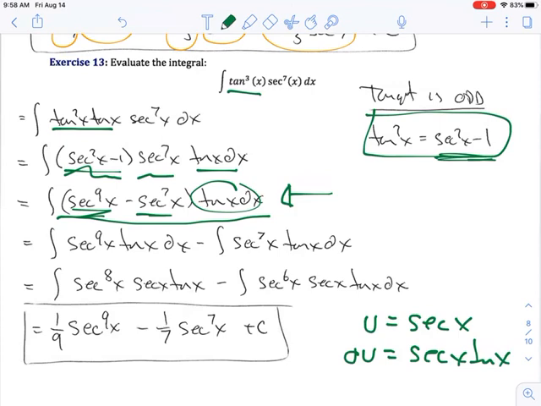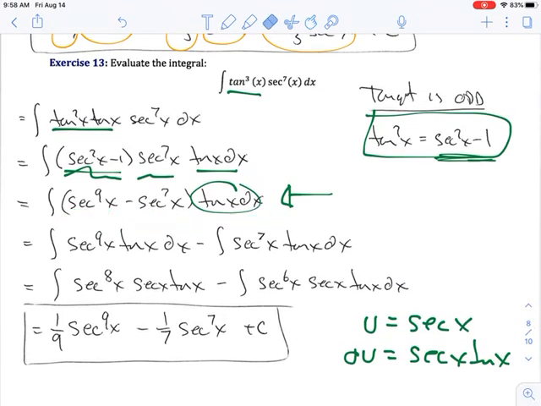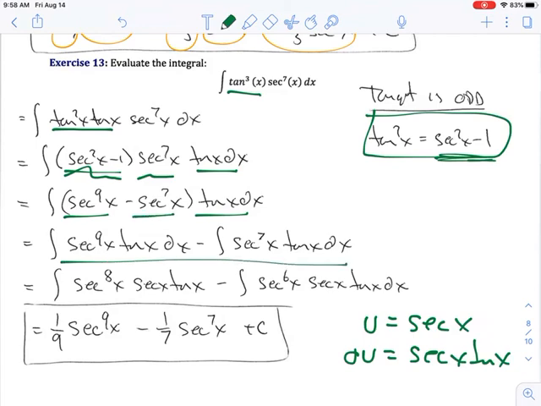So I did not do it that way. I'll continue doing it the way I did. So I multiplied these through, put them in their own integral, and then multiplied secant to the 7th times tangent. Then I factored out the secant. So secant to the 9th became secant to the 8th times secant tangent. Secant to the 7th became secant to the 6th times a secant tangent.